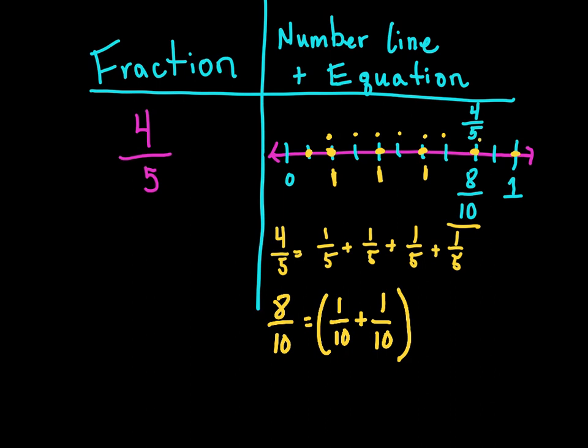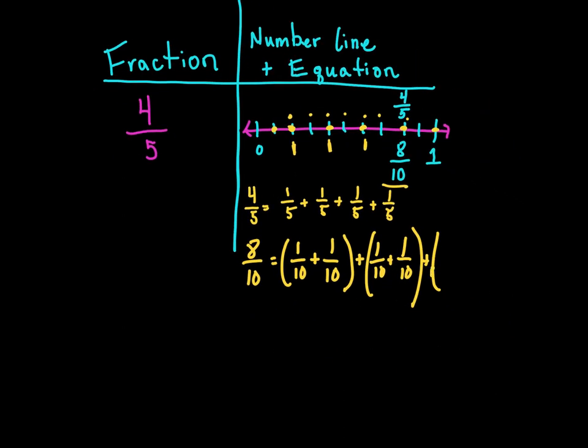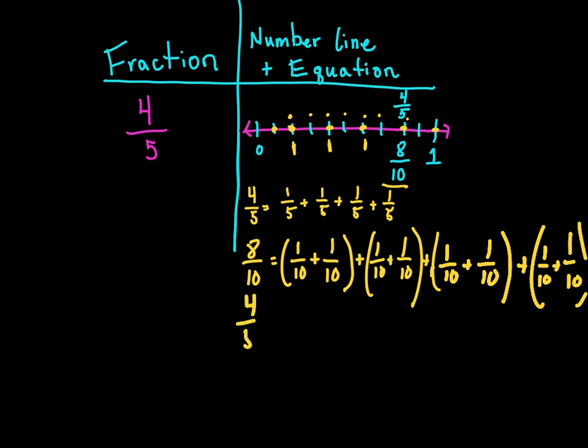And then we're going to go 1/10 plus 1/10 plus 1/10 plus 1/10, and another 1/10 plus 1/10. And this is all going to equal 4/5. So we know that 4/5 and 8/10 are equivalent.